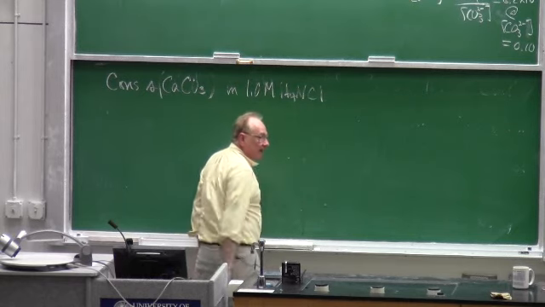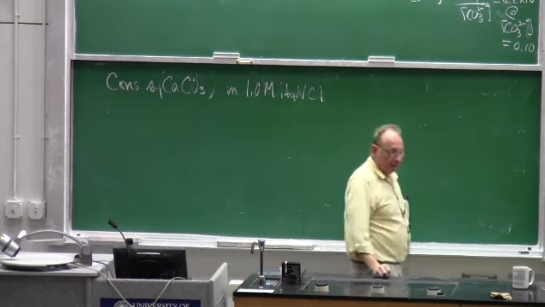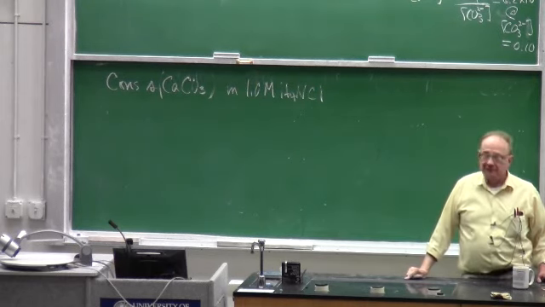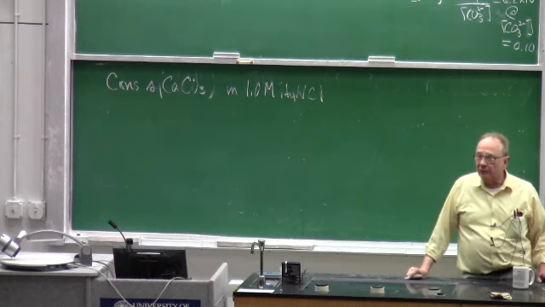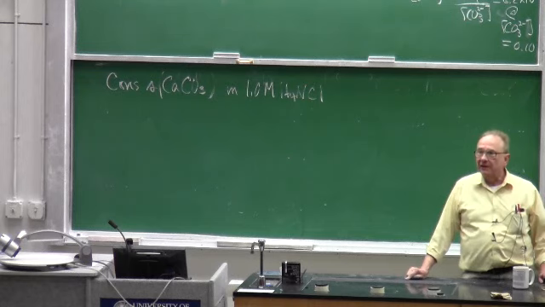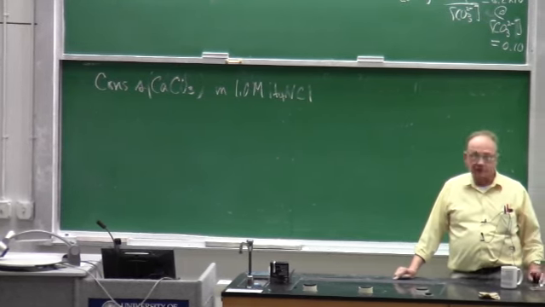This time in ammonium chloride solution, 1 molar. Knowing full well before I tackle this, the solubility value has got to be larger than 1.4 times 10 to the minus 4 molar. That again is the water solubility of calcium carbonate in straight water.